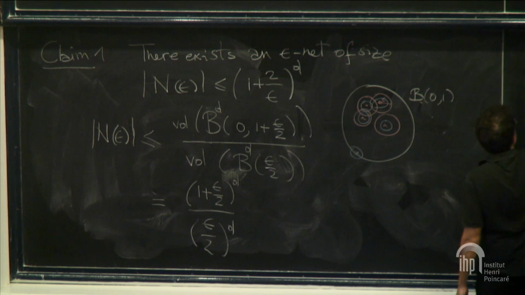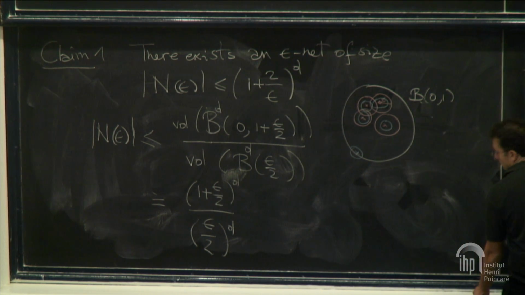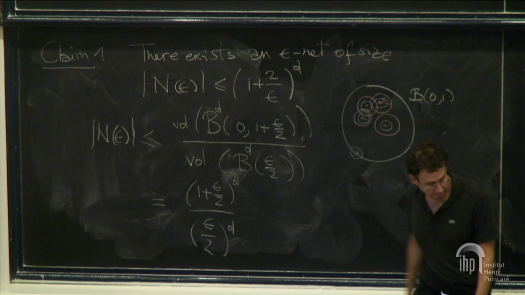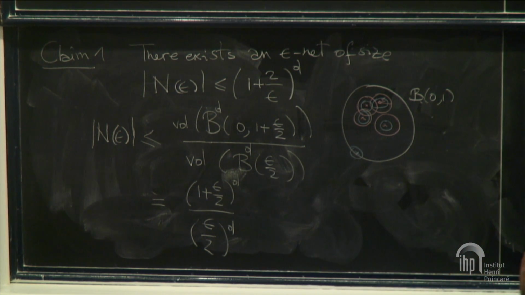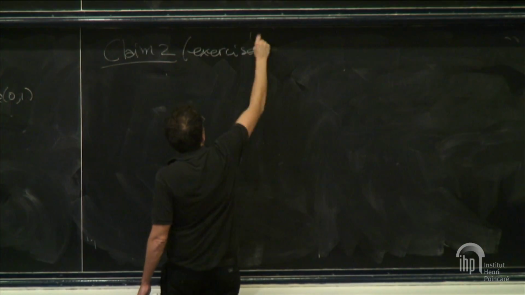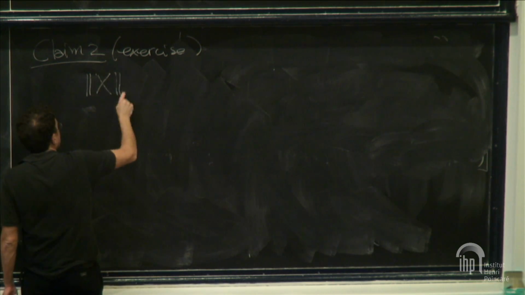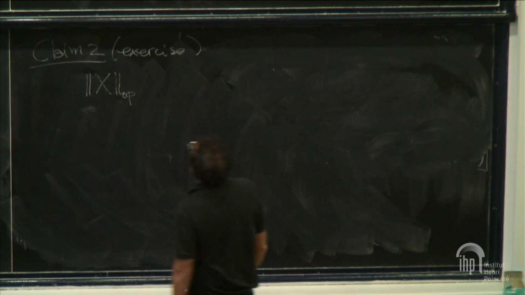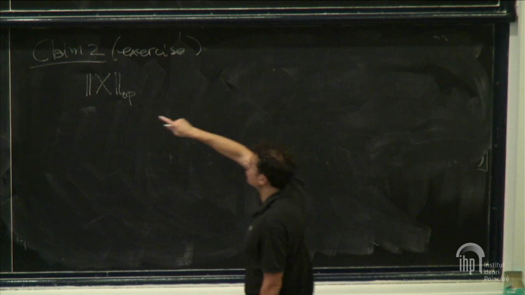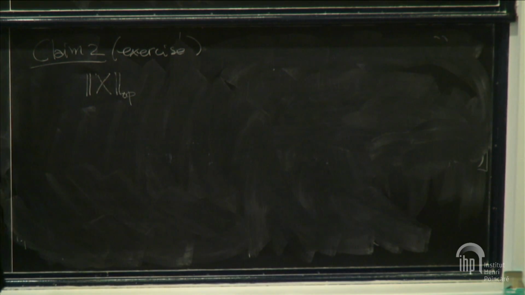Claim number 2. Okay, I will not prove this. So this is an exercise. If you look at the operator norm of x, well, we know that this is the max over u in the ball and v in the ball of this. What if I restrict u and v to be in an epsilon net?